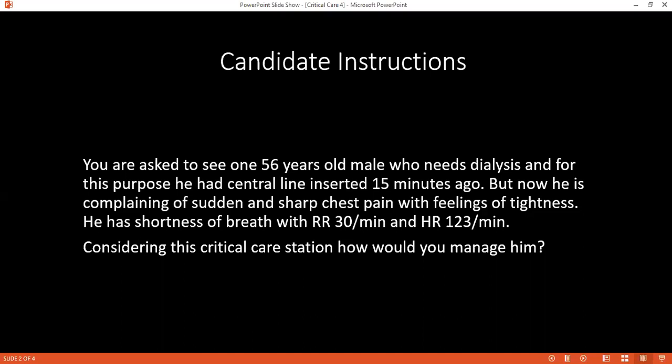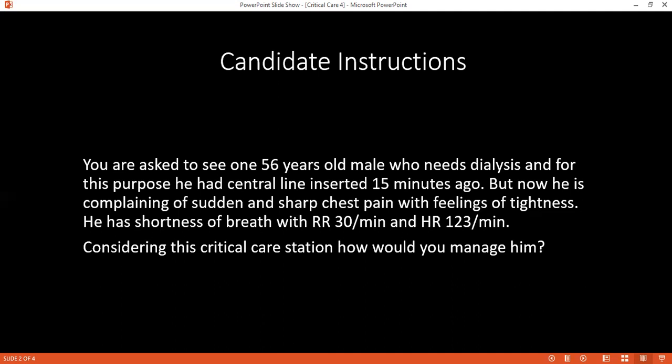Yes, ma'am. Considering this scenario, I will manage the patient according to protocol, and I will go for the ABC approach. While checking the breathing and ventilation status, I will check the oxygen saturation of the patient.